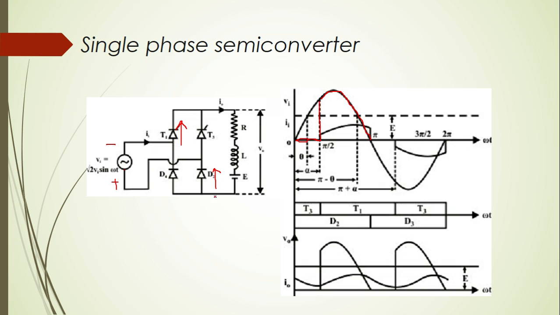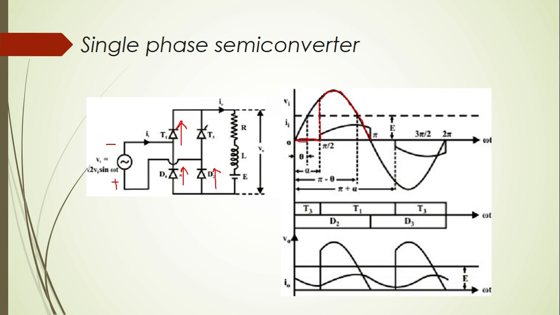and negative potential is applied to the cathode of diode D4. So just after pi, D4 becomes forward biased. When D4 becomes forward biased, the positive polarity is applied across the cathode of D2 and negative polarity across the anode of D2.